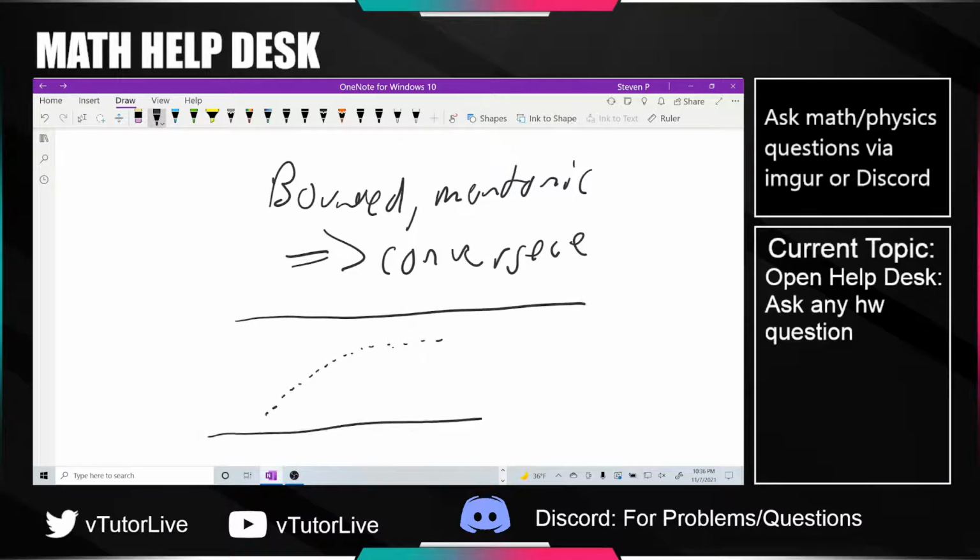You know it has some ceiling that it'll never go past and a floor that it'll never go past. If it keeps going up and never goes past that ceiling, of course it has to converge to something. This is also because it's monotonic. The fact that it's monotonic means if it starts going up, it's never allowed to go back down. Does this seem believable? If you keep going upwards, eventually you start running out of room. That's what that is saying.